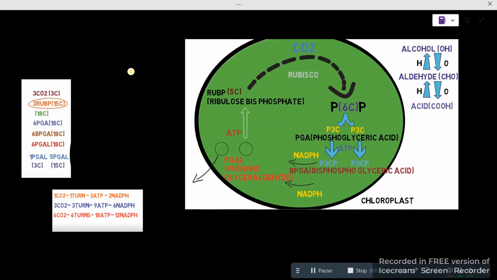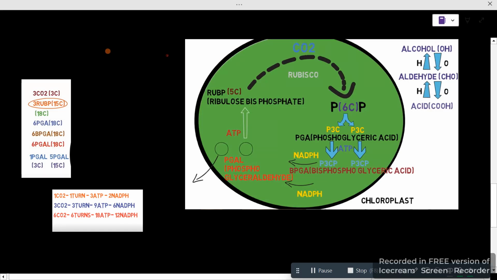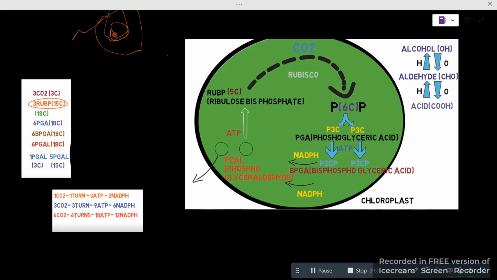How this complete process would be started: let me make it for the cell. In this we will find the chloroplast. This is the chloroplast.